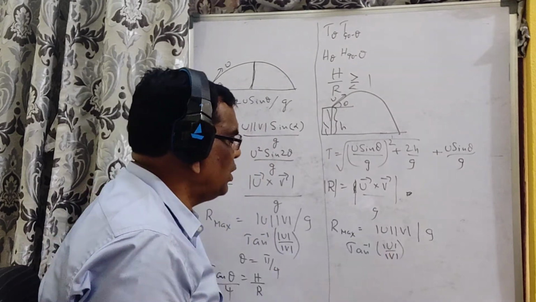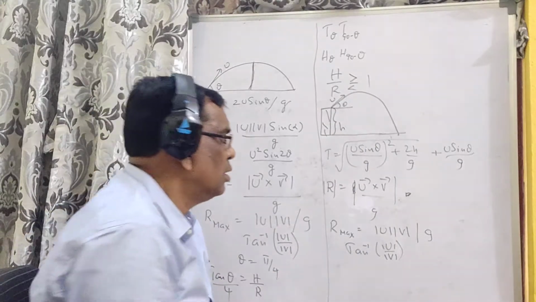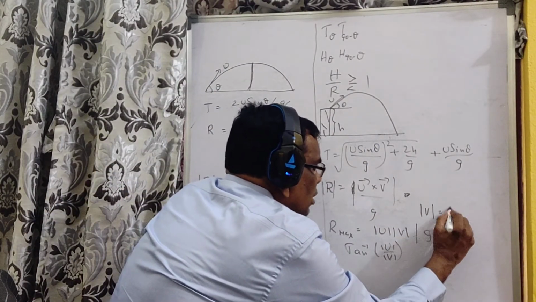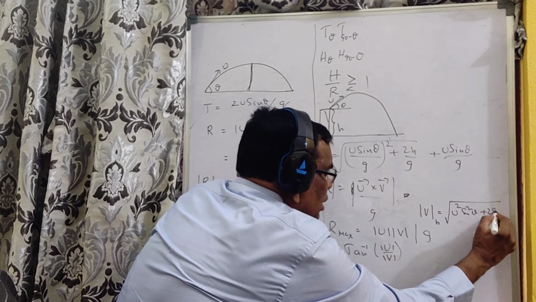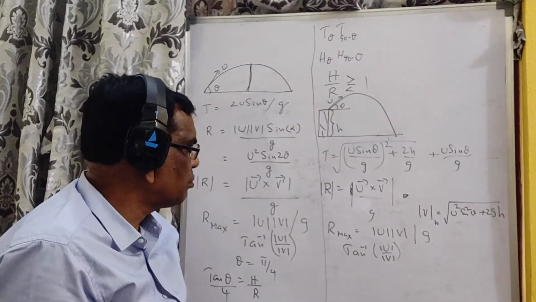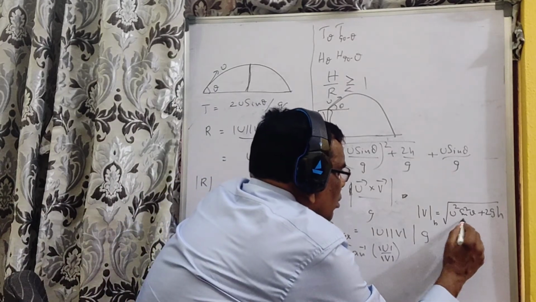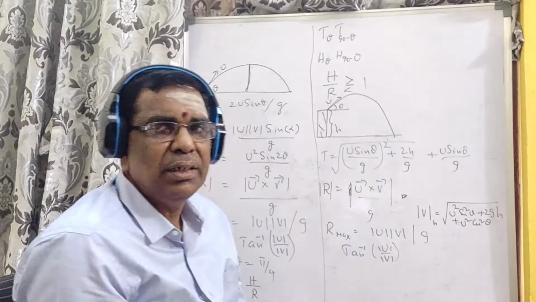Now what is V here? Now look at that last expression. So mod V at H is equal to under root of U square sin square theta plus 2GH plus U square cos square theta.